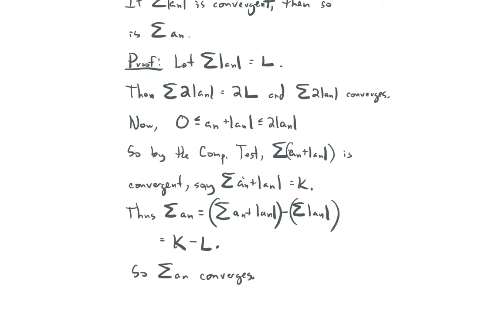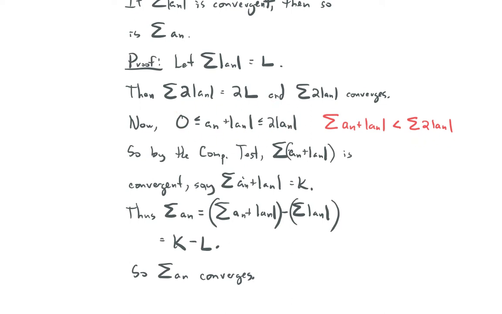The reason that we care about that is that we can use the comparison test. We know that the sum of a_n plus the absolute value of a_n is less than the sum of 2 times the absolute value of a_n, since that's true for all of our terms here.